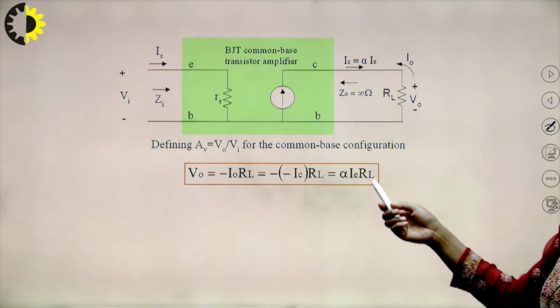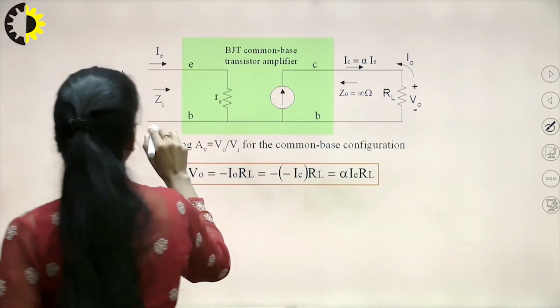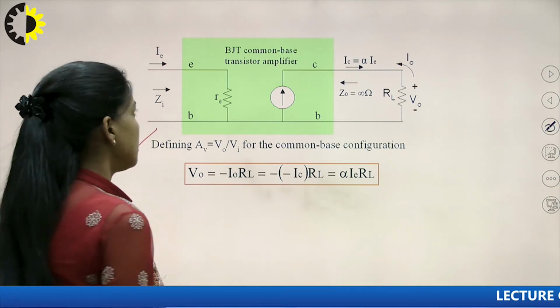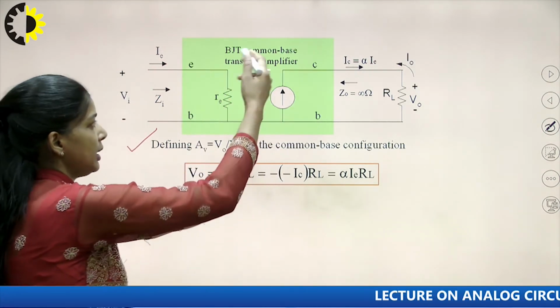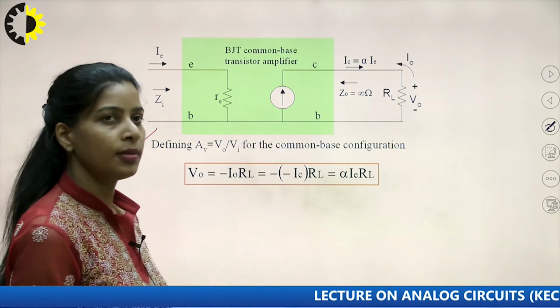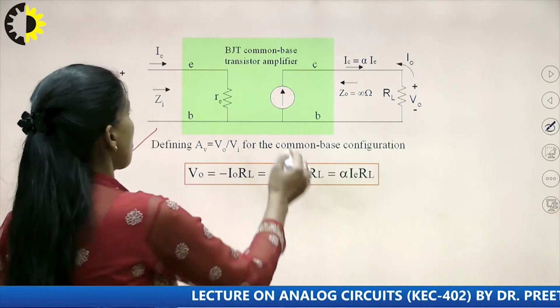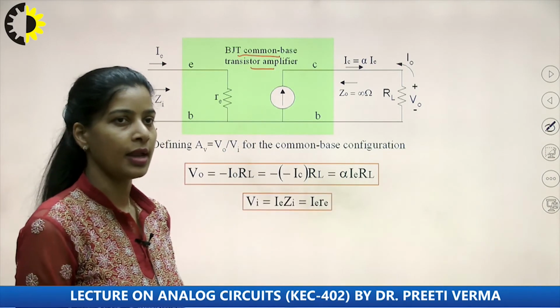Here we are going to calculate the voltage gain for the BJT common base configuration using the re model. What is shown in the green colored box is the re equivalent circuit of the BJT common base transistor amplifier.